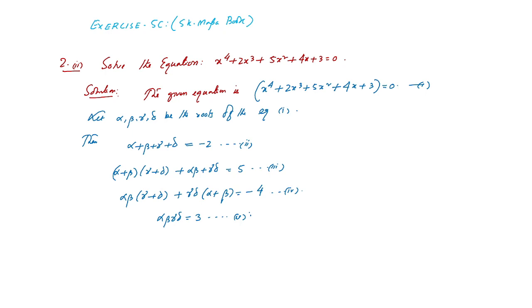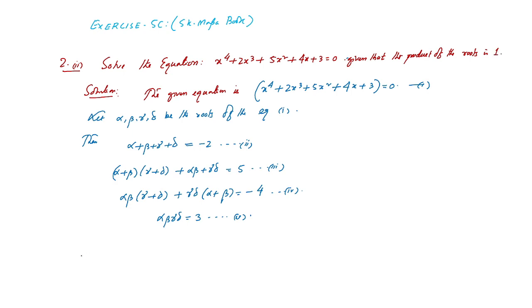Now what is given in the question paper? Let me add the full question here. Given that the product of the roots of two of the roots is 1.